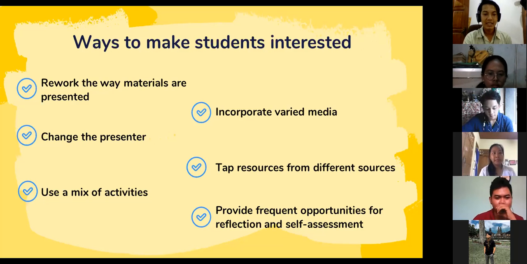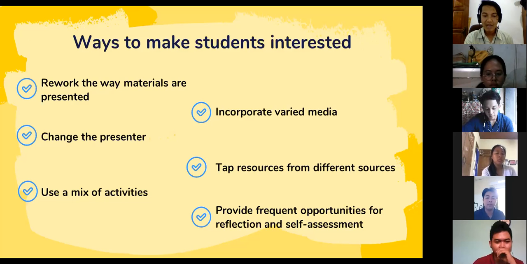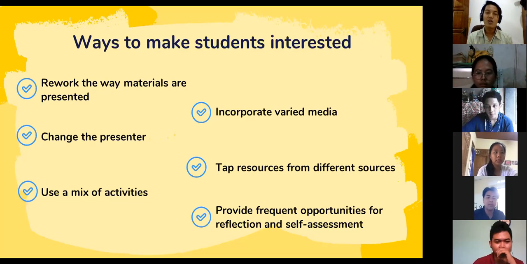The third one is change the presenters. I'm sorry. Changing the presenters here means that the presenter in the class is not only the teacher.